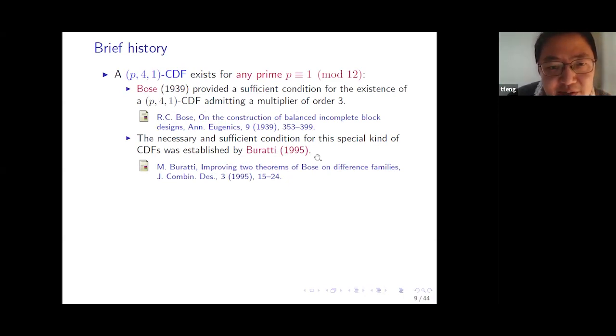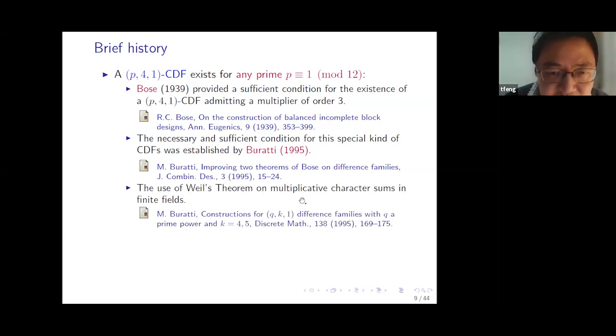He showed that for such CDFs, the necessary condition is also sufficient. And in the same year, Buratti considered more general cases. More general means he just considered the existence of a (p,4,1) CDF. He didn't require it to admit a multiplier of order 3.